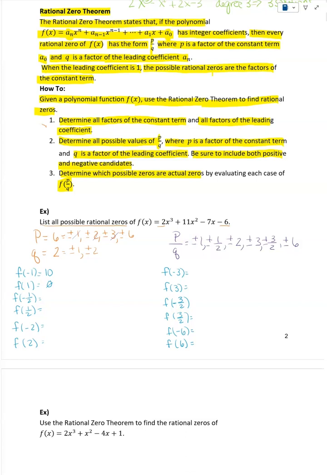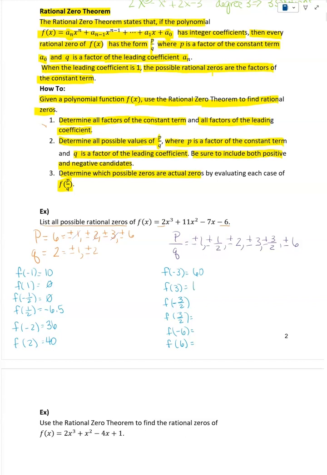Okay, so negative 1/2 gives me 0 as well. Positive 1/2 gave me negative 6.5. Negative 2 gave me 36. Please check these numbers in your calculator because I am human and do make mistakes. If I make a mistake, you can email me and let me know, okay? So positive 2 gave me 40. Negative 3, I got 60.